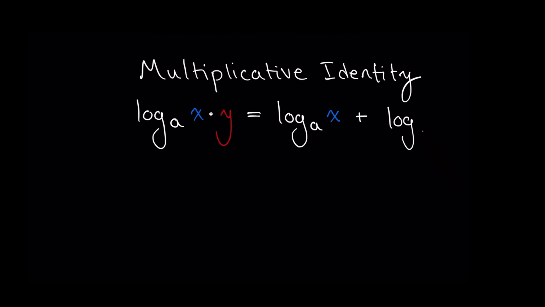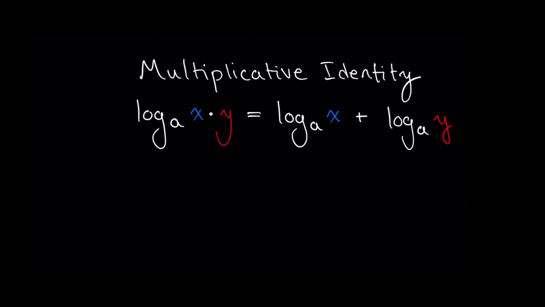So the next identity we're going to be looking at is the multiplicative identity. And this one basically suggests that if you have a logarithm base a of some x times some y, you can break this down as that same logarithm, base a, of x plus log base a of y.